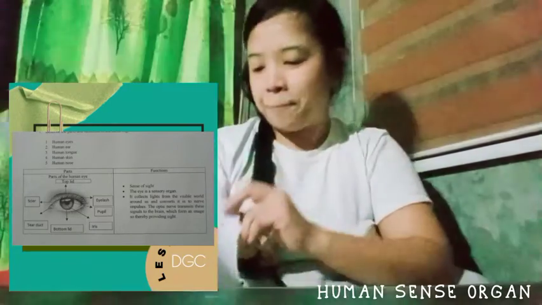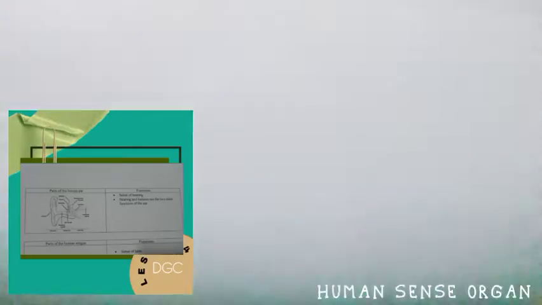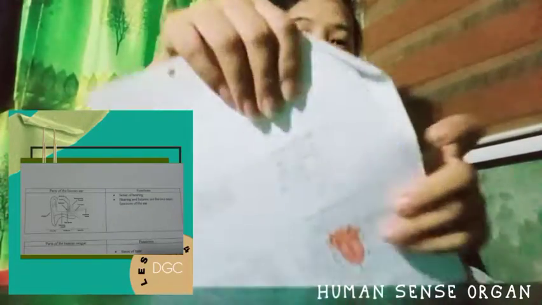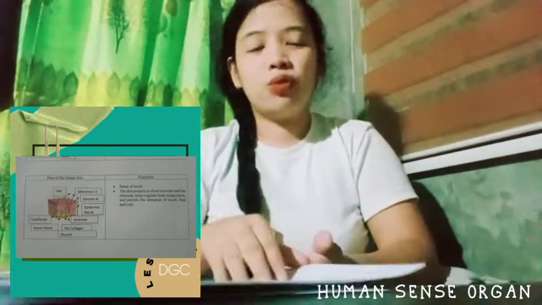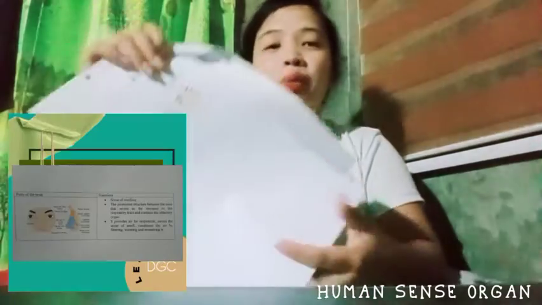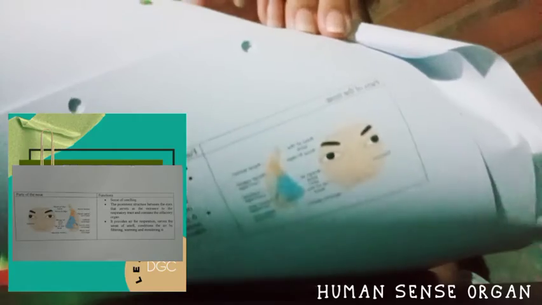Then, after that, the human ear, and the human tongue, the human skin, and of course, last but not the least, the human nose, the parts of the human nose.